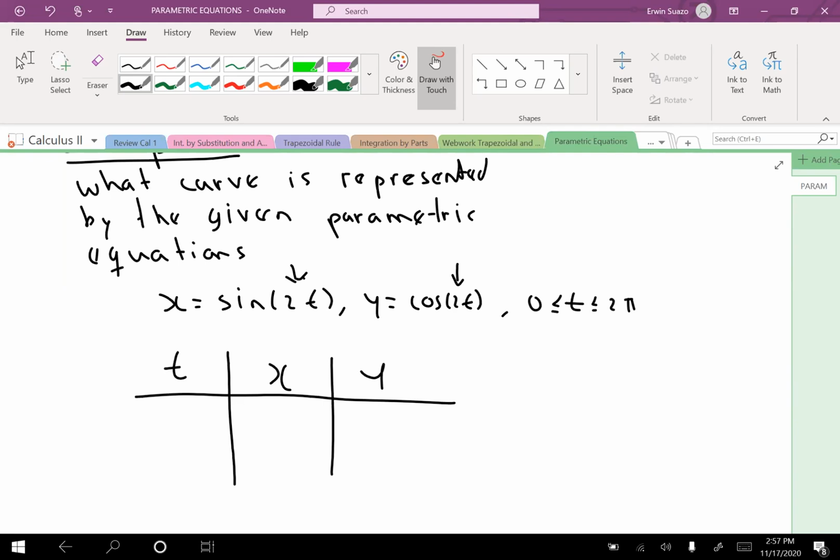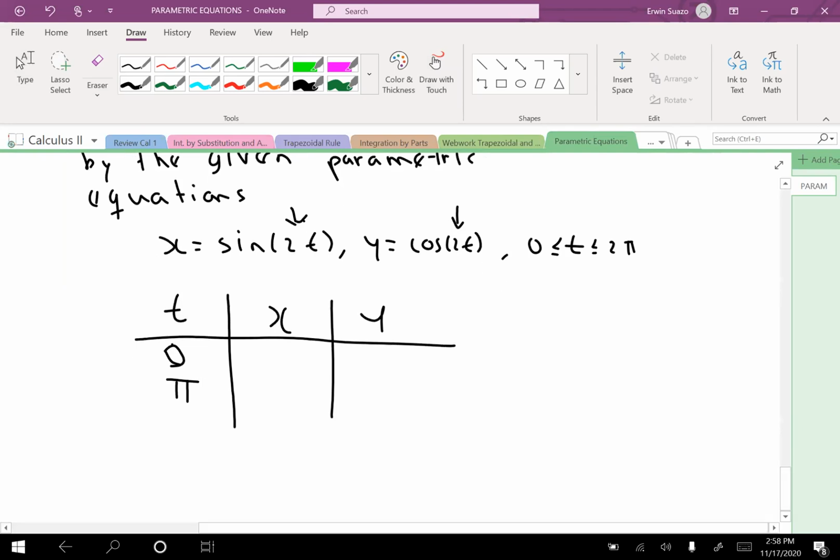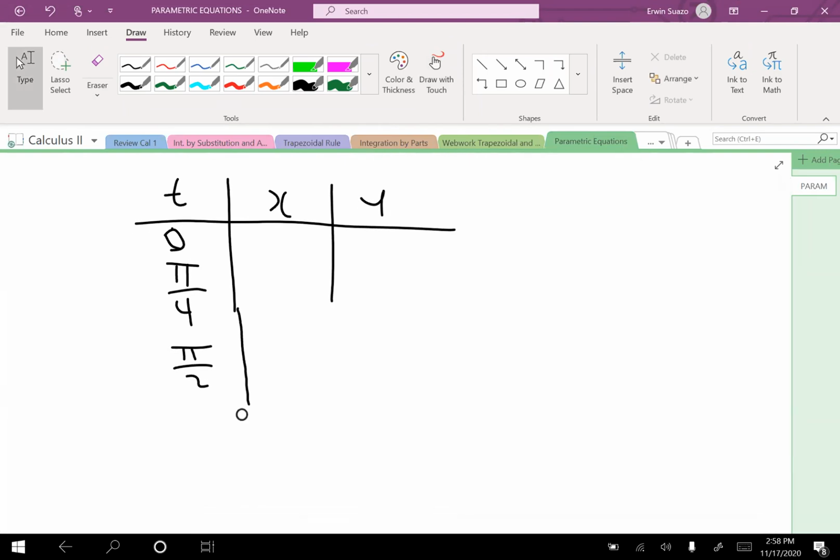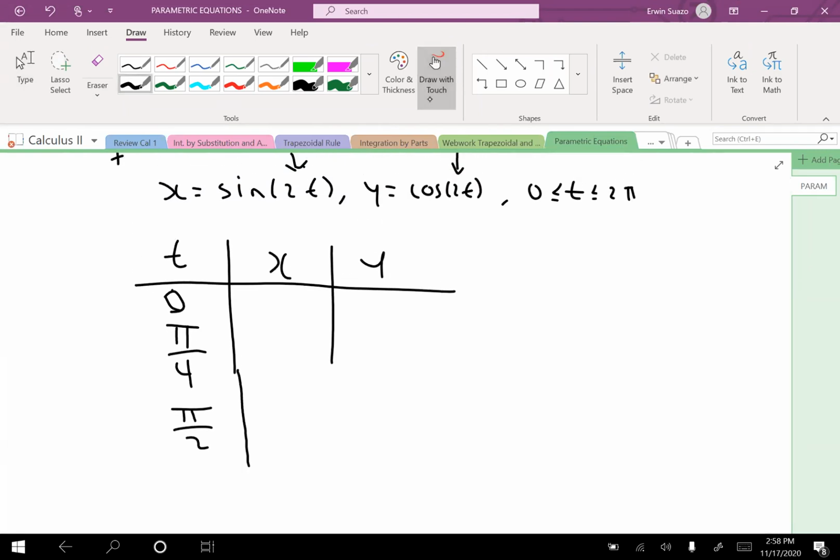So let's see. I'm going to do 0, pi fourths, pi halves, pi.